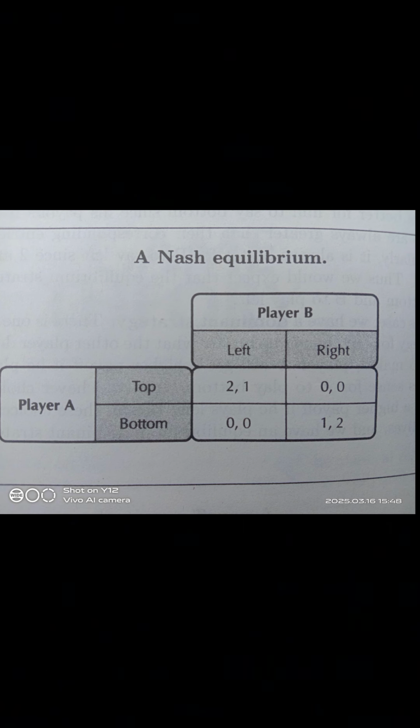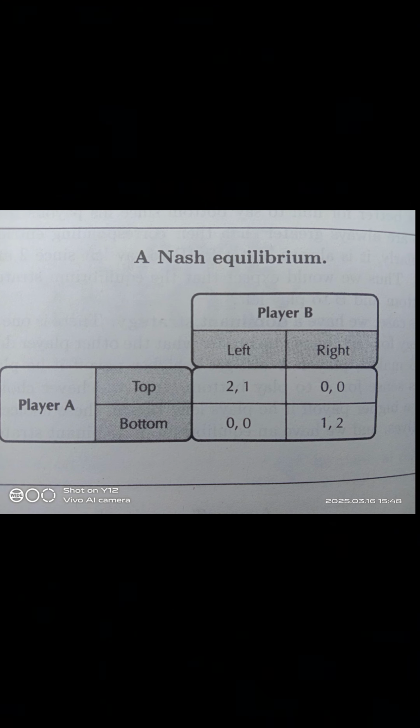Why is it a Nash equilibrium? Suppose A knows that B is playing left. Then for A, top will be better, because its payoff 2 is greater than the bottom's payoff 0.